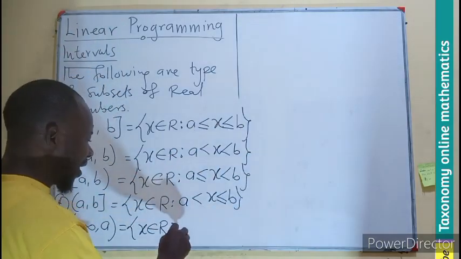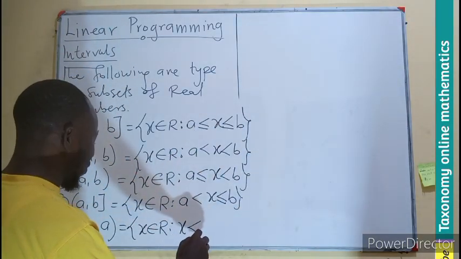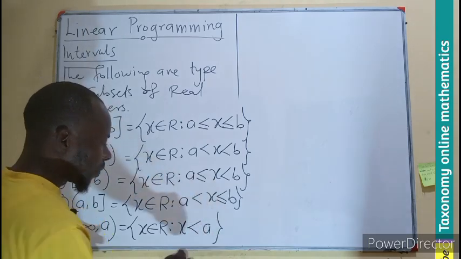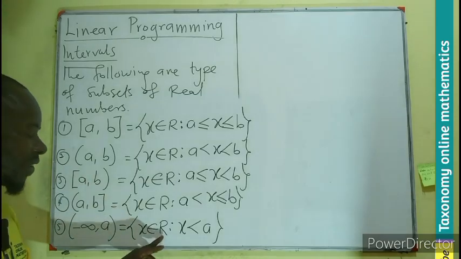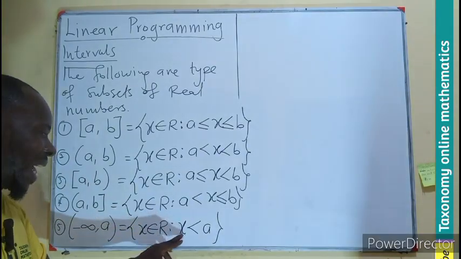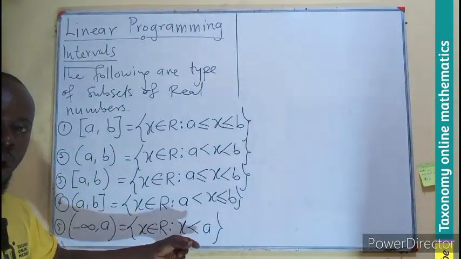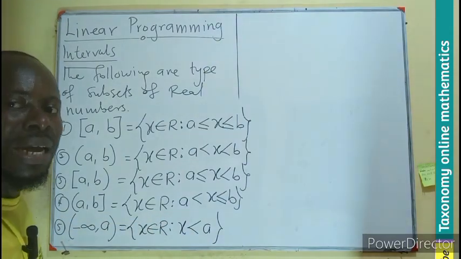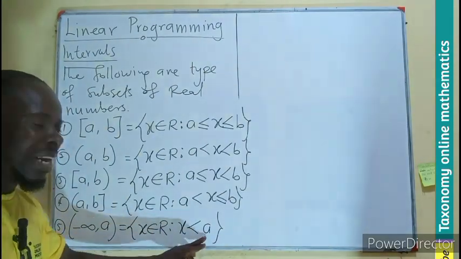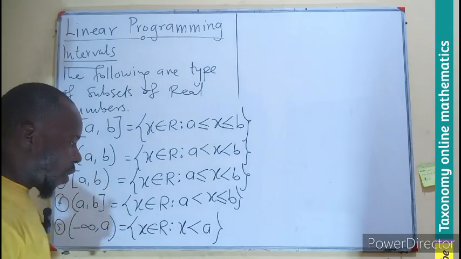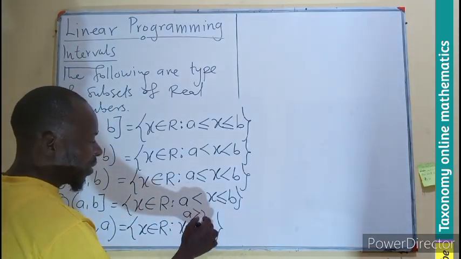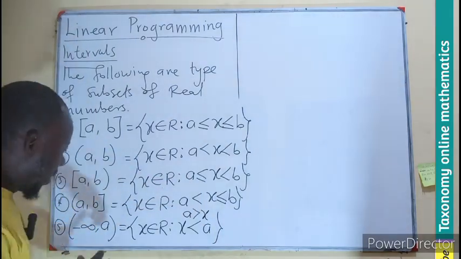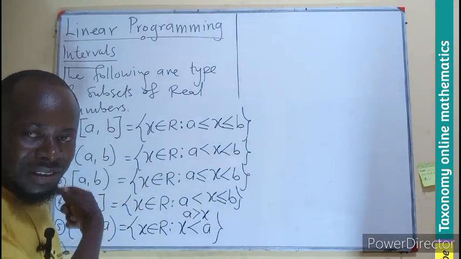So I can say that x is less than A. The values of x belonging to the set of real numbers such that x is less than A, meaning all those values that we can imagine are less than A. So we can write this, or you can also write it in the sense that A is greater than x, meaning A is bigger than all other numbers.